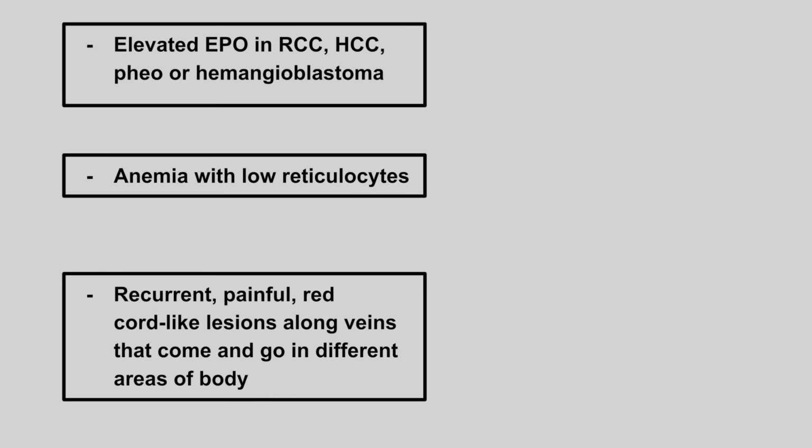Now we have elevated erythropoietin in renal cell carcinoma, hepatocellular carcinoma, pheochromocytoma, or hemangioblastoma. This is polycythemia. Now we have anemia with low reticulocytes.